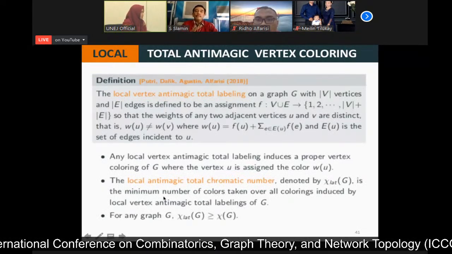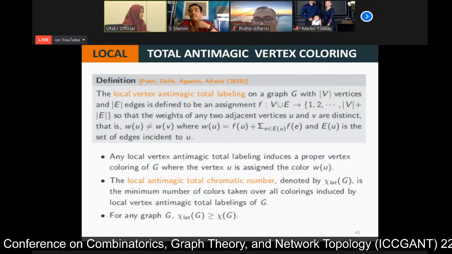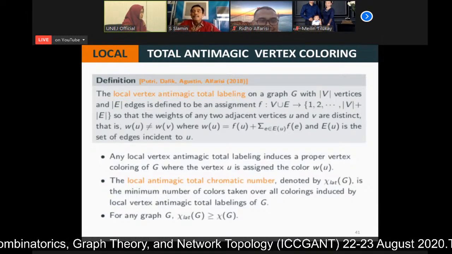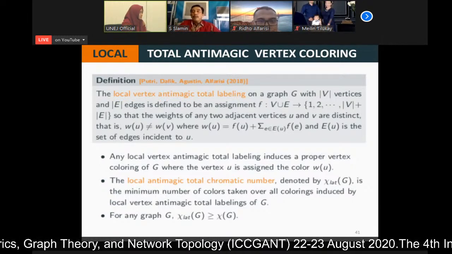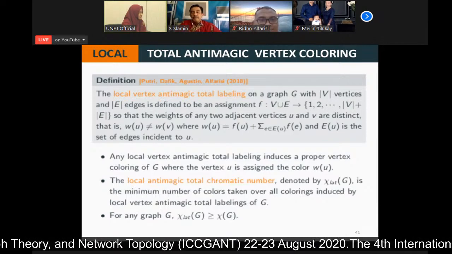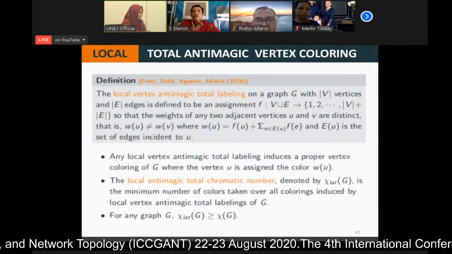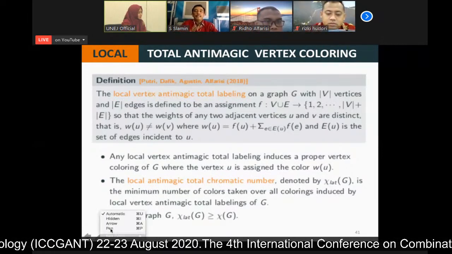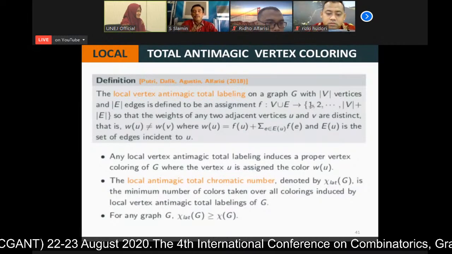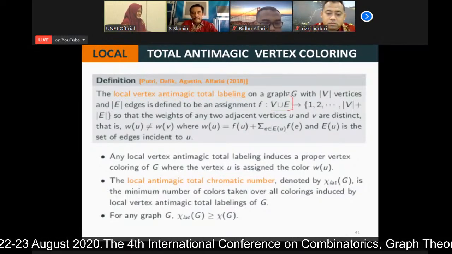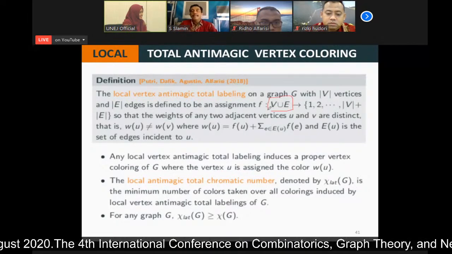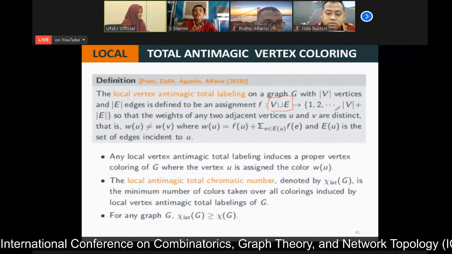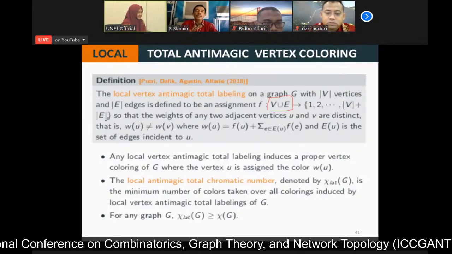We call it local vertex anti-magic total labeling, and the definition is similar to the previous one, but instead we label all components of the graph, not just the edges, but also the vertices. So the map now goes from the union of the vertex set and the edge set to the numbers 1, 2, up to the number of vertices plus the number of edges.